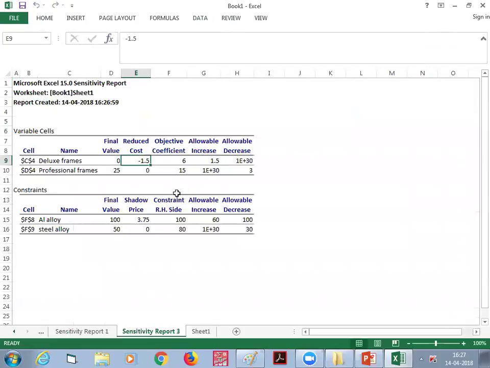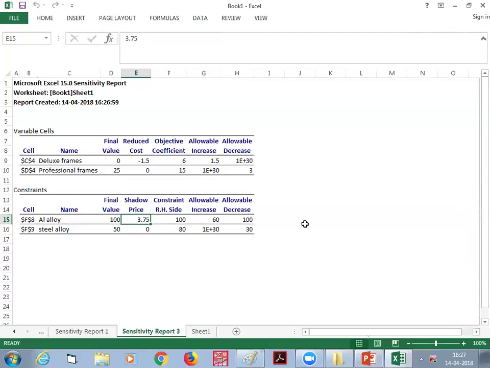And now the reduced cost for deluxe is minus 1.5. In other words, if we produce deluxe, now we're losing out because it's not at all profitable. And now notice, it's aluminum that has the shadow price. Aluminum was crucial for the professional frames, whereas steel was crucial for the deluxe frame.